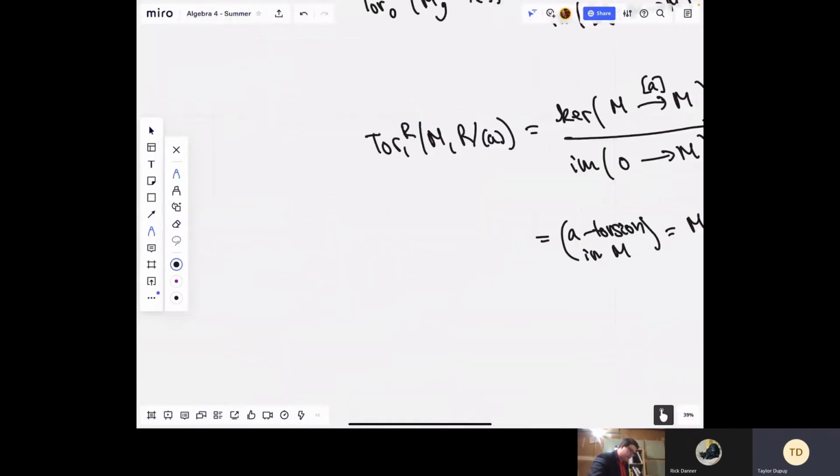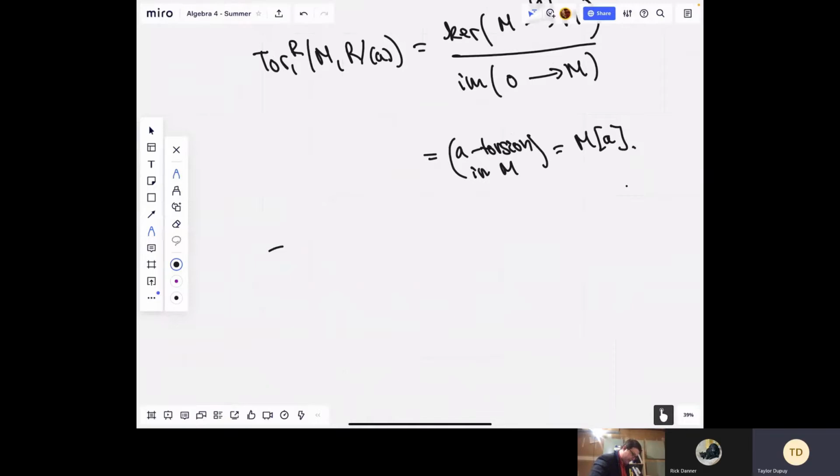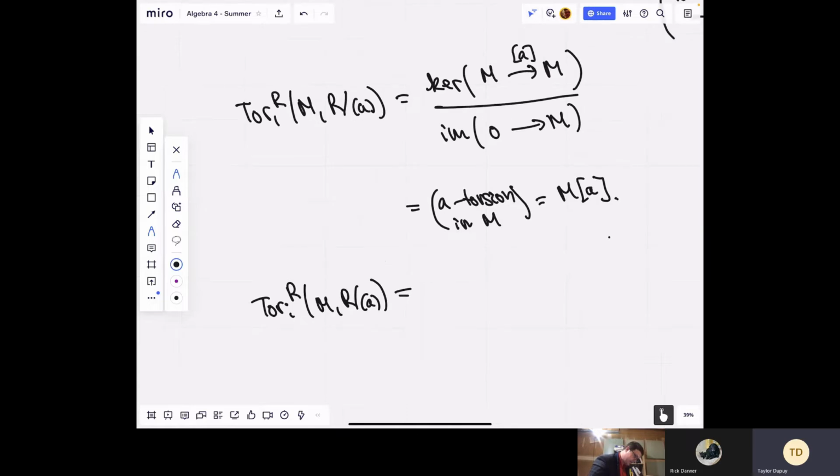And then we see that the higher Tors are 0 for i greater than or equal to 2. Okay, I remember what I was thinking about with the PID thing. That's about a criteria for when something is flat or not, and so maybe I'll talk about that later. So this just works for any domain, I guess. So we never use the PID hypothesis.